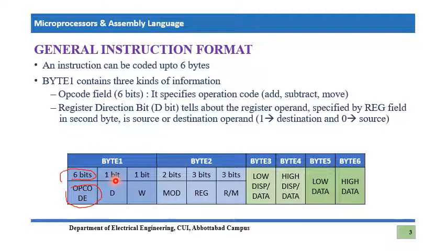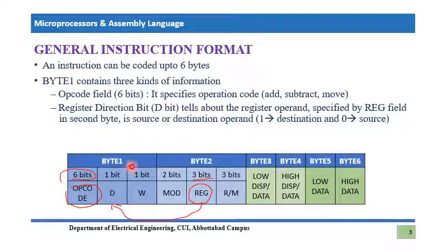The next bit is the direction bit, and it is just 1 bit. The direction bit tells about the register operand, which is in the second byte. So this is quite interesting. This register operand is a 3-bit field and is related to D. So the D bit tells us about the register operand specified by the reg field, which is present in the second byte.